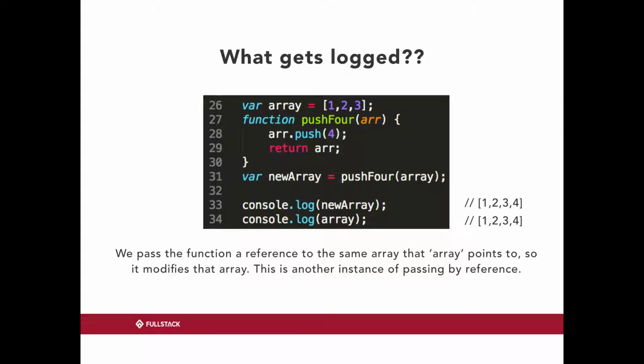Now when we log out at line 33, we log out newArray. Okay, great, newArray, what are you equal to? 1, 2, 3, 4. Array, what are you equal to? 1, 2, 3, 4. This is why this makes sense. This is the only way in which this system can explain what we're seeing on the slides. If we were passing a different copy, whatever we change, newArray would be pointing to that instead.